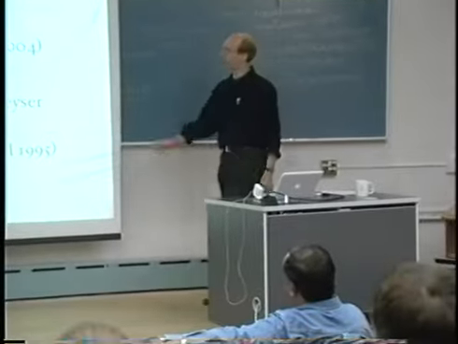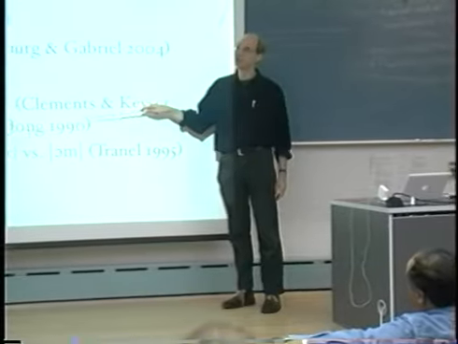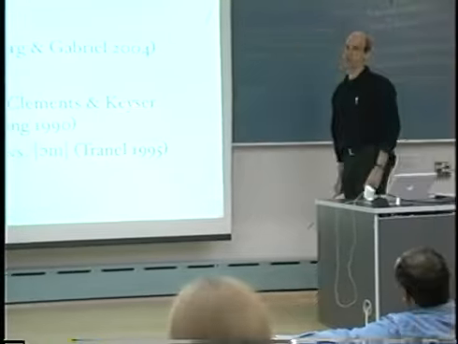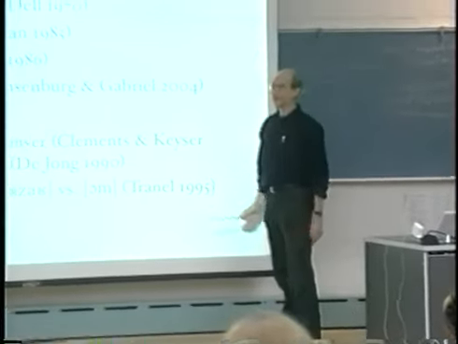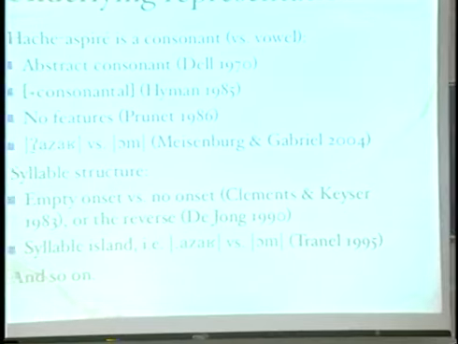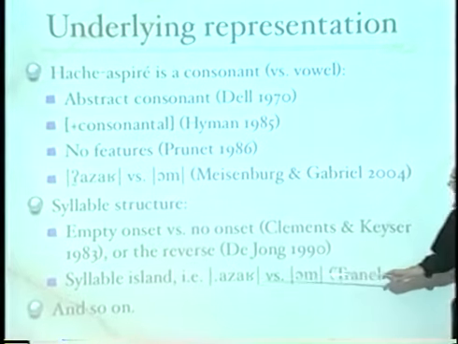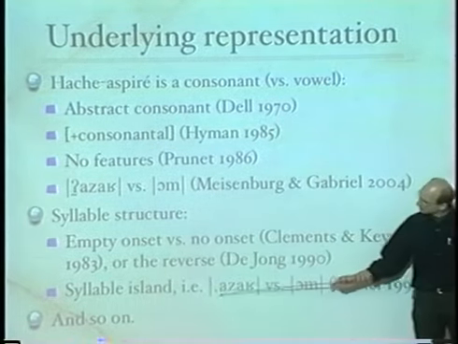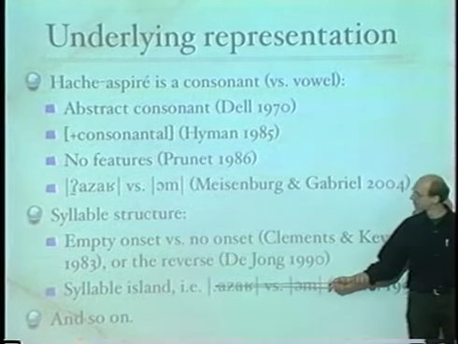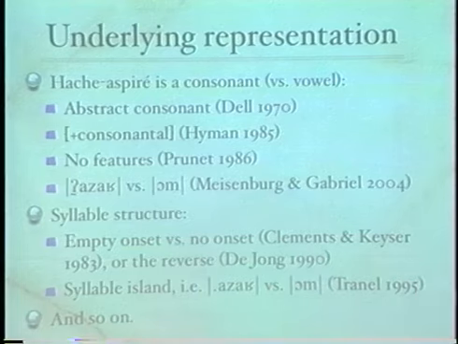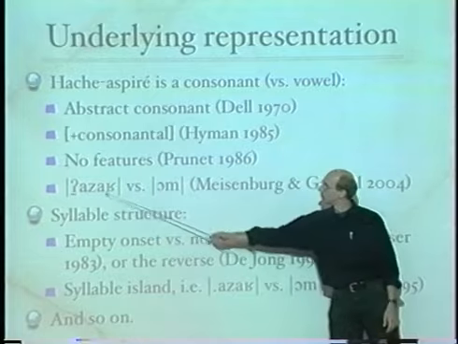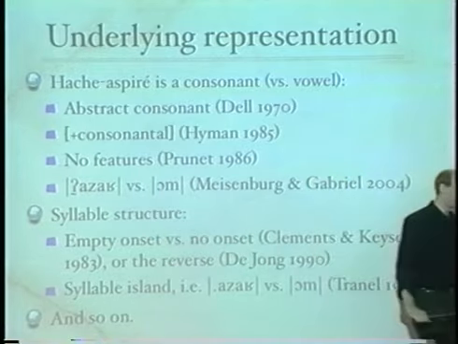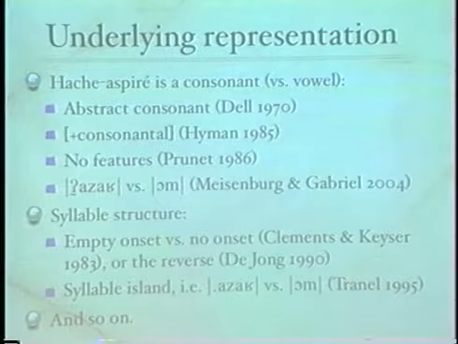This clearly belies that, right? You have opposite representations and the same surface, so you have the opposite phonology as well. Yeah, that was quite funny at the time. So other people have proposed things like a syllable island. So hasard, this little dot here means a syllable boundary. So hasard comes with a prepended syllable boundary, and so on. I'll follow this symbol here because nothing much hinges on it.